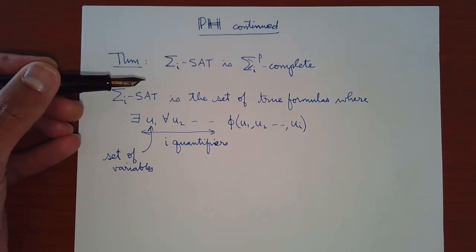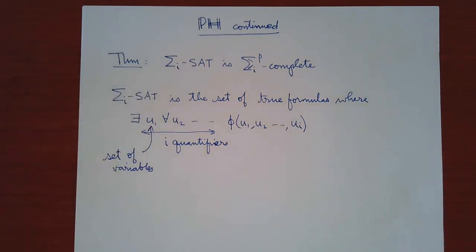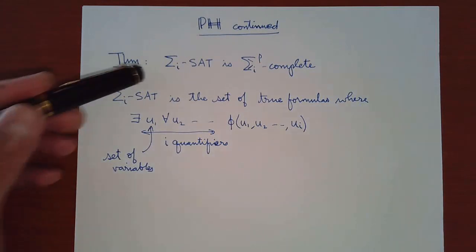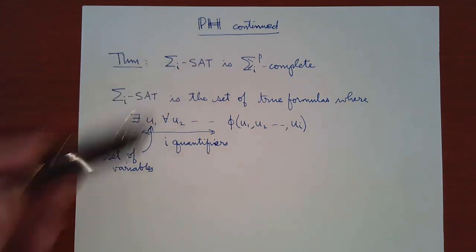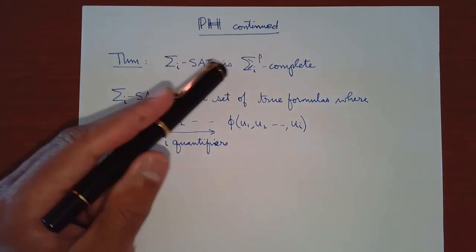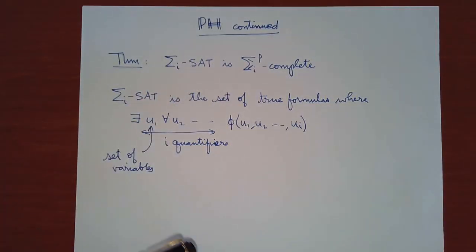And so Sigma_i SAT is the complete problem for the ith level of the polynomial hierarchy. And it turns out that proving this is not particularly difficult once you understand that the Cook-Levin construction can just be used. And using that, we can directly show that Sigma_i SAT is Sigma_i complete using the alternating definition, the alternating circuit definition of Sigma_i P.